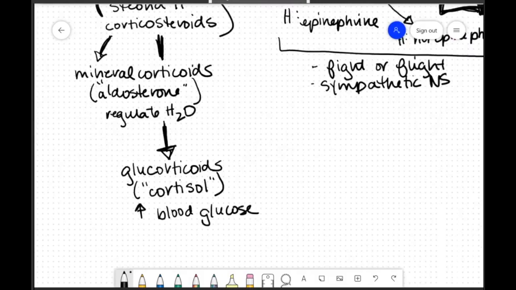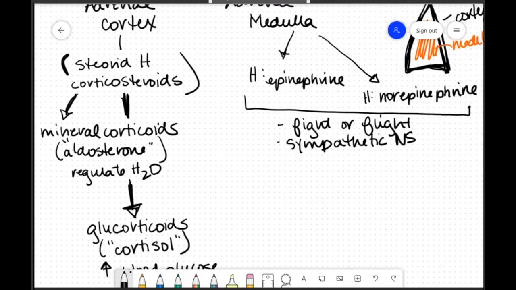So glucocorticoids will increase blood glucose, and mineralocorticoids will help regulate your water levels. And then you're going to have a third category that are going to be your gonadocorticoids. So the root of this is going to be gonad. So this is a steroid produced by the gonads.